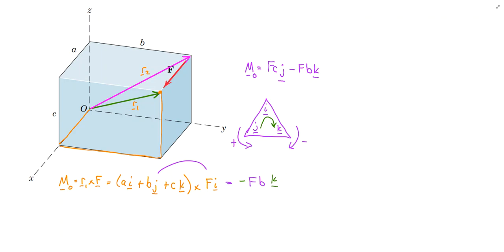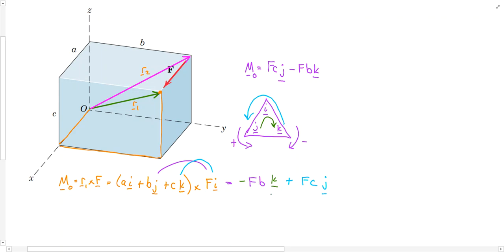And then we can consider the k cross i term. So we'll just write F times c, and then k cross i, we will be going the other direction around our triangle, and that's a positive j. And you'll notice that this is the exact same expression that we found a minute ago. So there's no difference between the two.